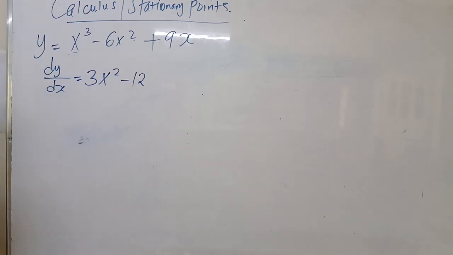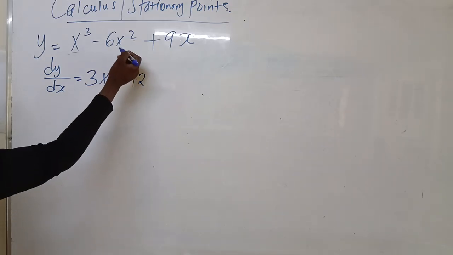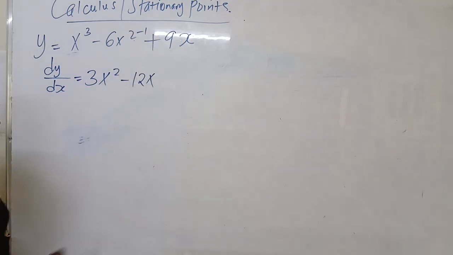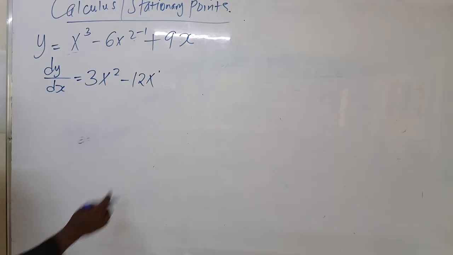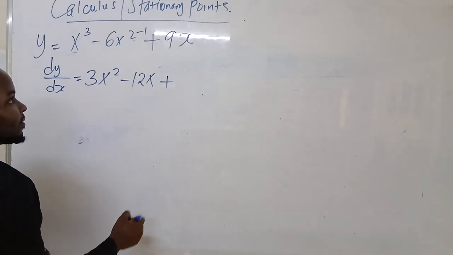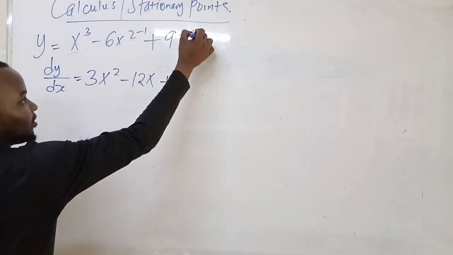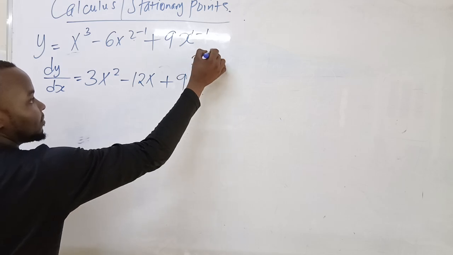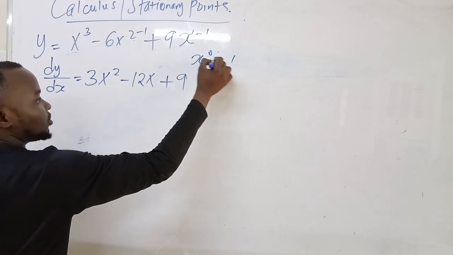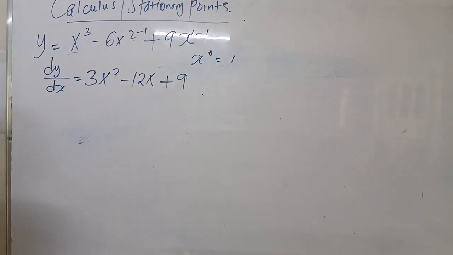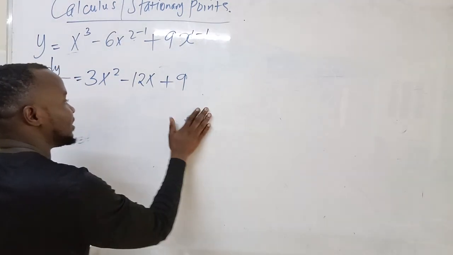Then when you differentiate this, you have 12x. 2 minus 1 is just power 1, so you just don't have to write it because x implies 1x. Then plus, you assume there's a 1 here. 1 times 9 is 9, and then 1 minus 1 is 0, so x power 0 is the same as 1. So 1 times 9 remains as 9. So this is our derivative for that equation, dy dx.